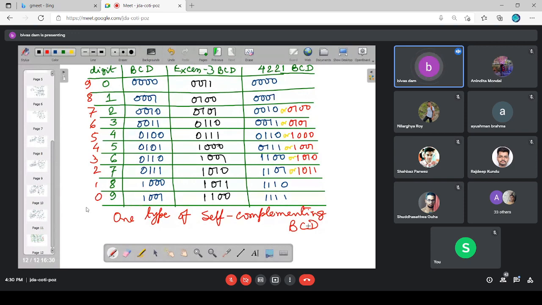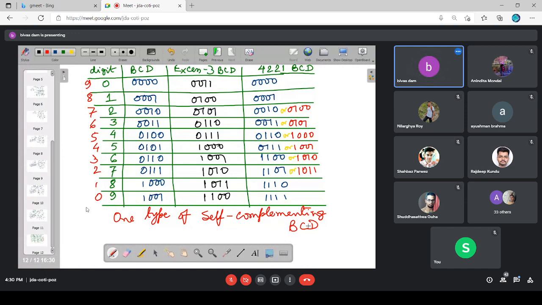For 2, I have two possibilities: 0 0 1 0 or 0 1 0 0. Either of these two versions I can go for 2. For 3, 0 0 1 1 or 0 1 0 1. Either of these two is possible. So this way up to 7: for 2, 3, 4, 5, 6, 7, I have two possibilities each.